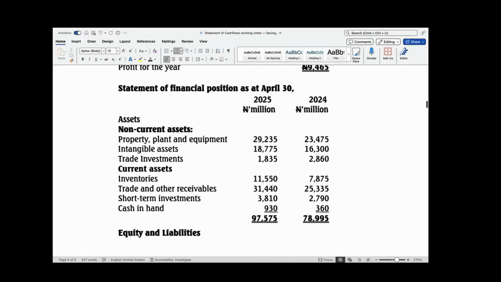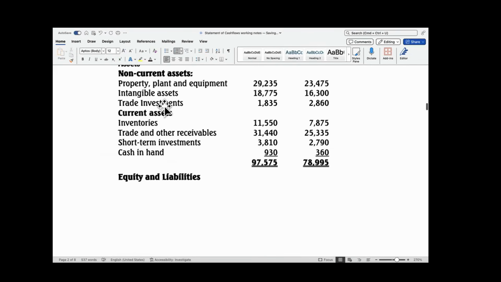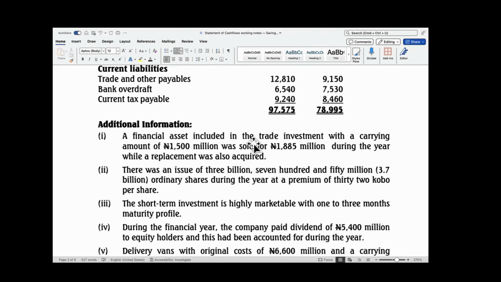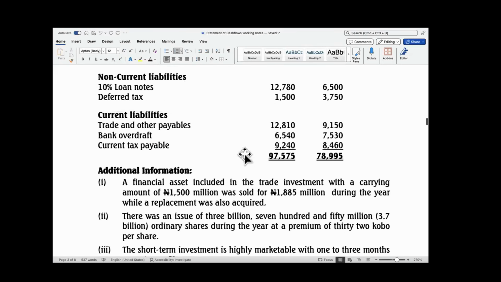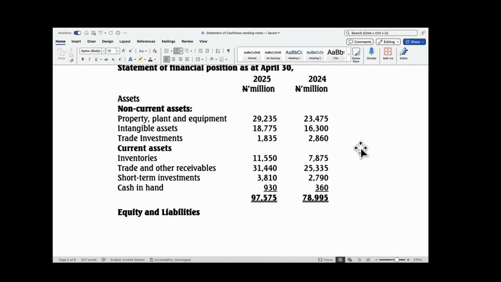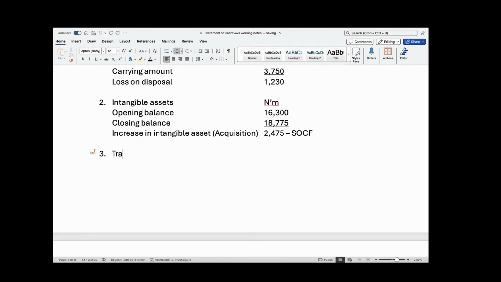The next item here is trade investments. This one, they told me some things around it in note 1 that they sold. Fine. That was all they told me. Then I'll consider that. So let me do movement in my trade investments. The opening balance is 2,860.